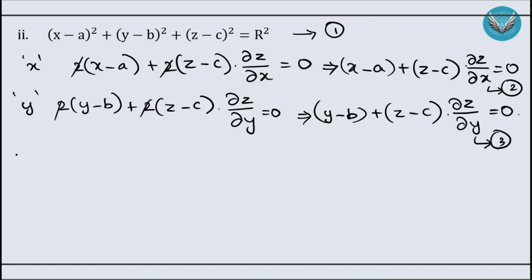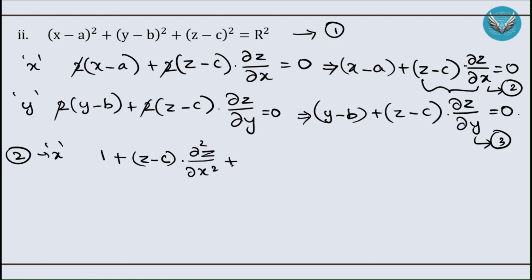Now again differentiating equation 2 with respect to x partially, we get 1 plus, using the product rule for this term, (z minus c) into differentiating dou z by dou x with respect to x again, which gives dou square z by dou x square, plus differentiating z minus c with respect to x, which gives dou z by dou x into dou z by dou x.